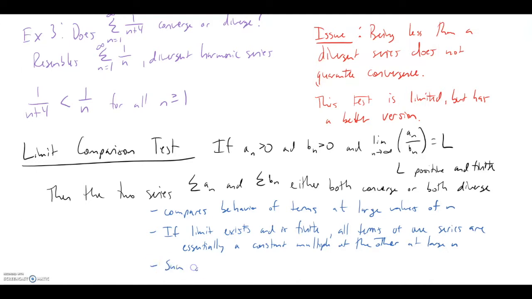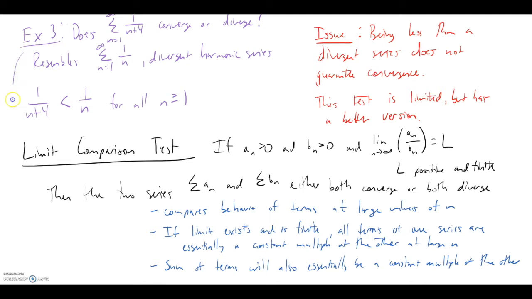And therefore, the sum of the terms will also essentially be a constant multiple of the other series sum. So either a constant multiple of a convergent series or a constant multiple of a divergent series. And that's why the results are going to come in pairs. Both converge or both diverge.